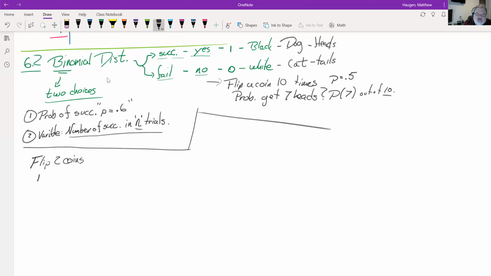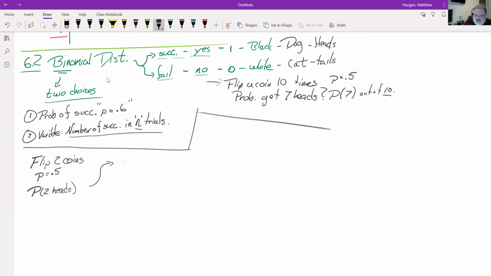So we know the probability of getting a success is 0.5 because they're same probability or same likelihood of getting a head versus a tail. And if we want to find the probability that we get 2 heads, so 2 successes, one of the ways to do that is just to diagram it out.